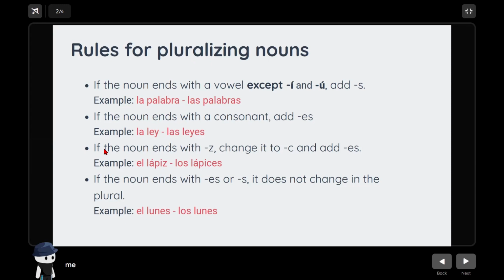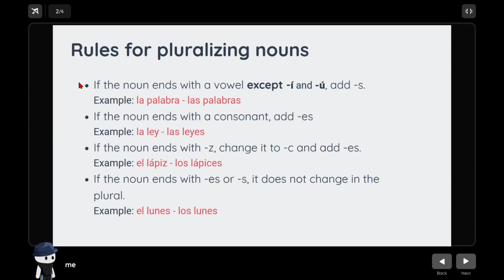Lunes has an S, so we don't need to add another ES or anything like that. It's already basically plural. You can just change the definite article to make sure you're indicating that it is a plural noun. So, el lunes, los lunes. I hope that is clear.